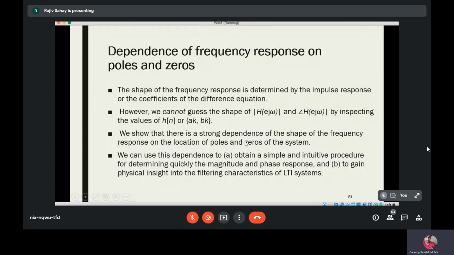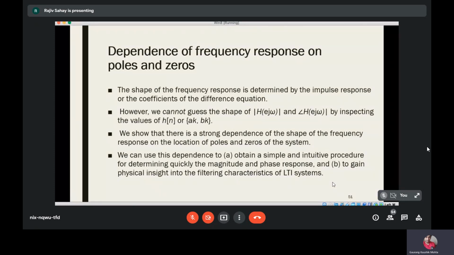So we will show that there is a strong dependence of the shape of the frequency response on the location of poles and zeros of the system, and you can use this dependence to obtain a procedure for quickly determining the magnitude and phase response and to understand the action of different filters.